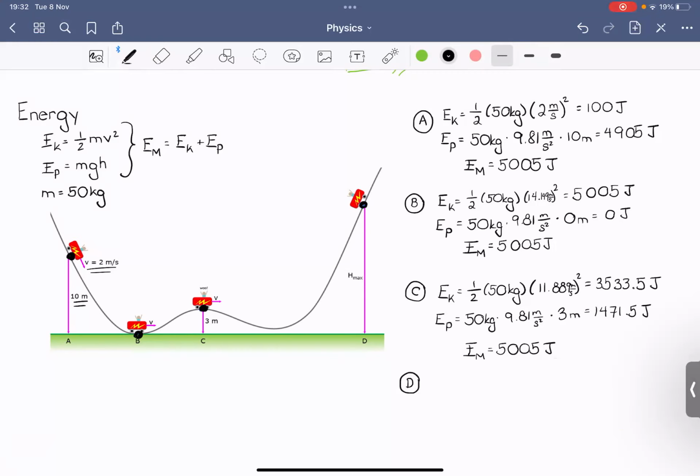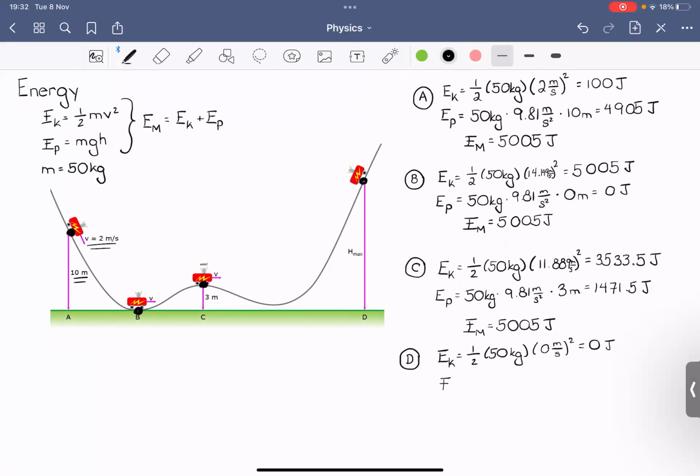Just like in parabolic launch, vertical launch, where at the maximum height, we had our velocity of 0, same thing here. Therefore, my kinetic energy is 1/2 times 50 kilograms times my velocity, which is 0. Therefore, the whole thing is going to be 0. Okay?